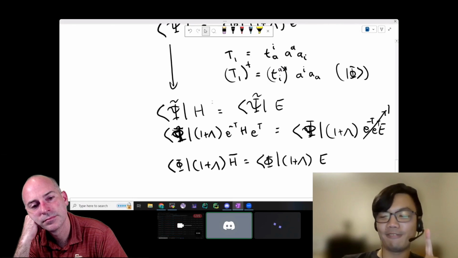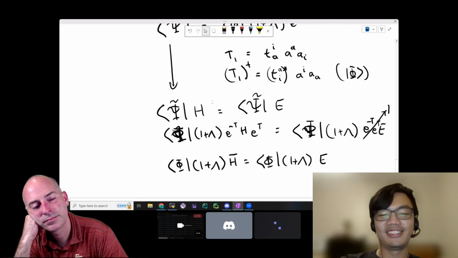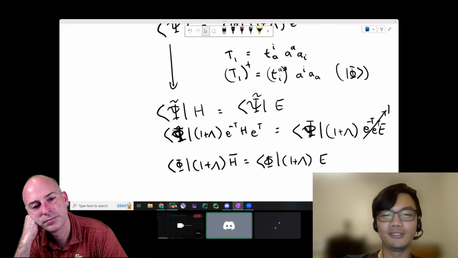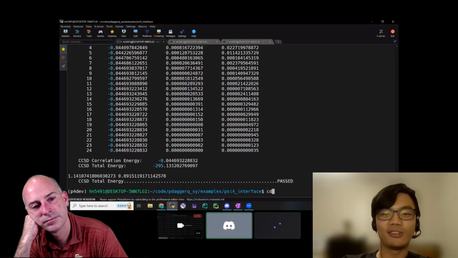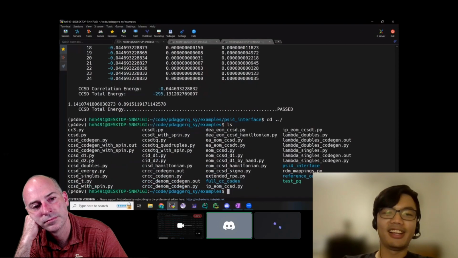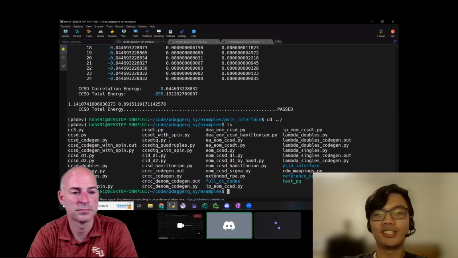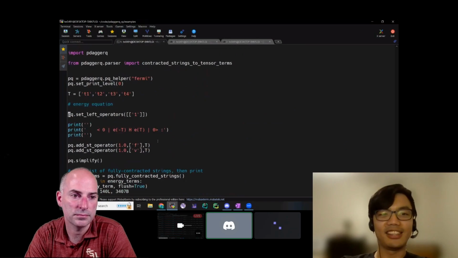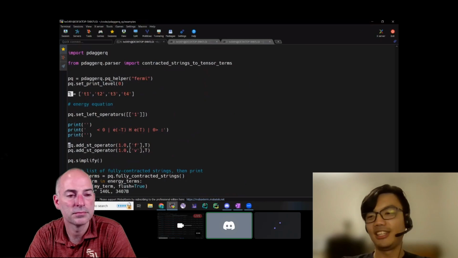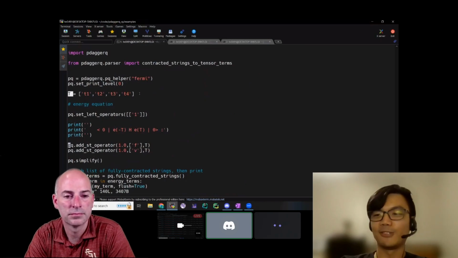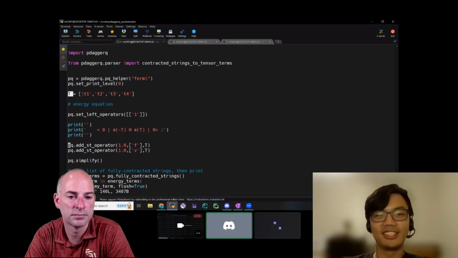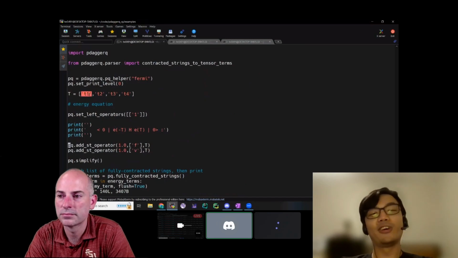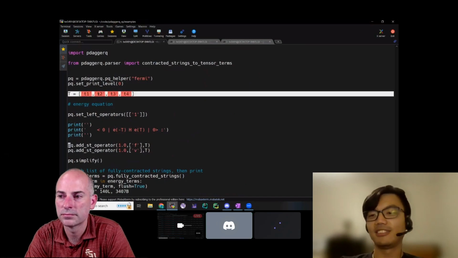Actually, that's a fun fact. If you go to all these codes and you run any of the higher order methods, and you look at the energy equation, even though T contains all the way up to T4, your energy is only going to depend on T1 and T2.